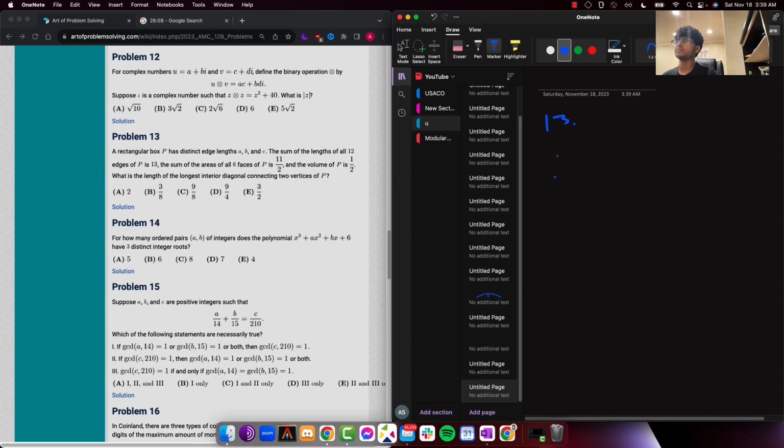Well, what I think is that what we can do is the length of the longest interior diagonal is square root of a squared plus b squared plus c squared, essentially, right?